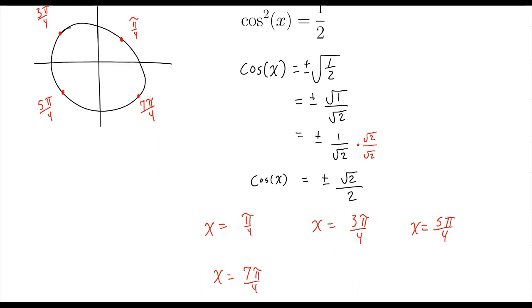And I probably should fill in the rest, right? So let's go ahead and add in the 2 pi k's. So plus 2 pi k, plus 2 pi k, plus 2 pi k, plus 2 pi k. So here we go. All 4 of these.